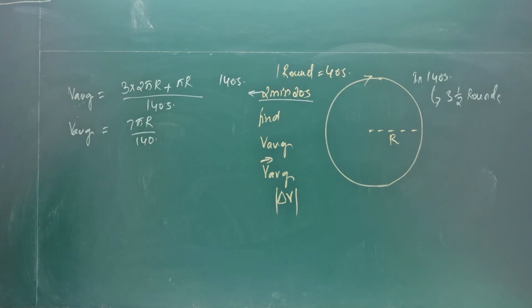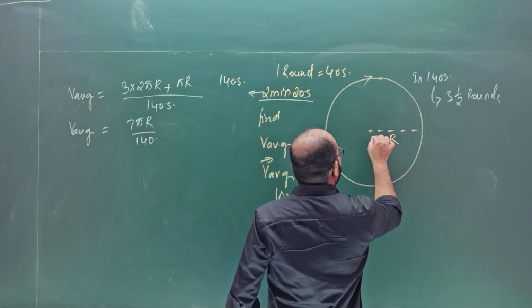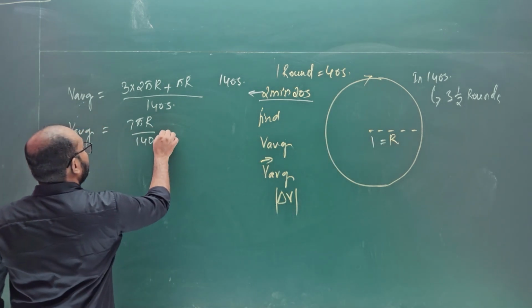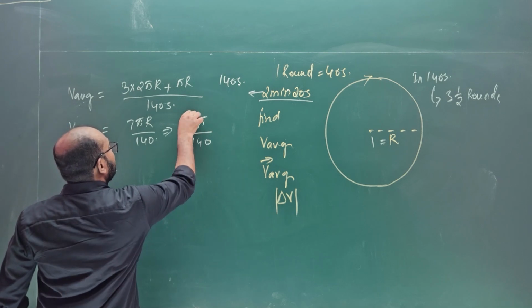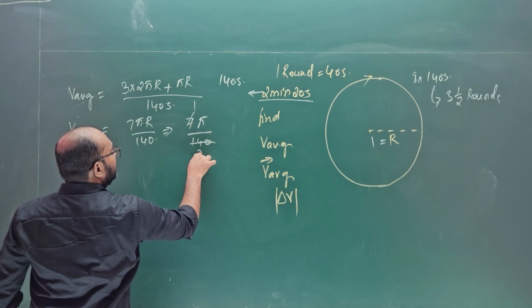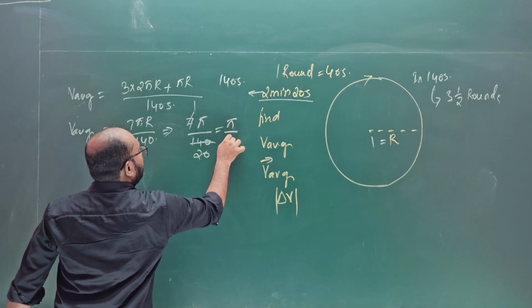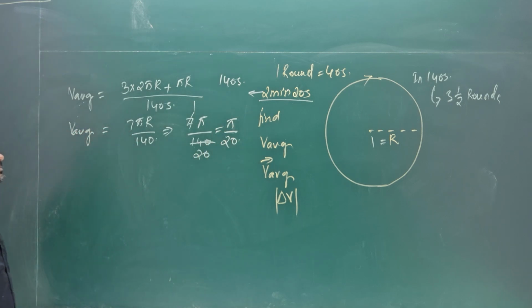Take r equal to 1, then substituting the value, this becomes 7 pi upon 140, that is pi upon 20. First is done.